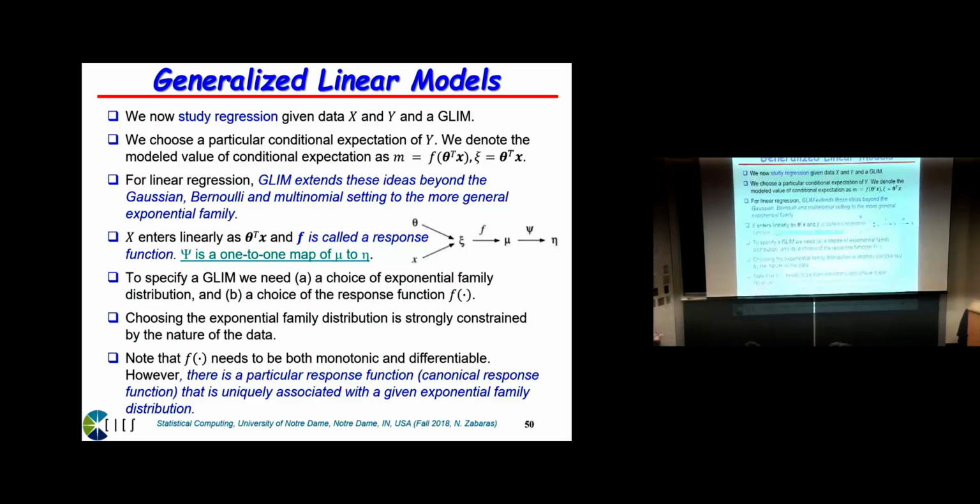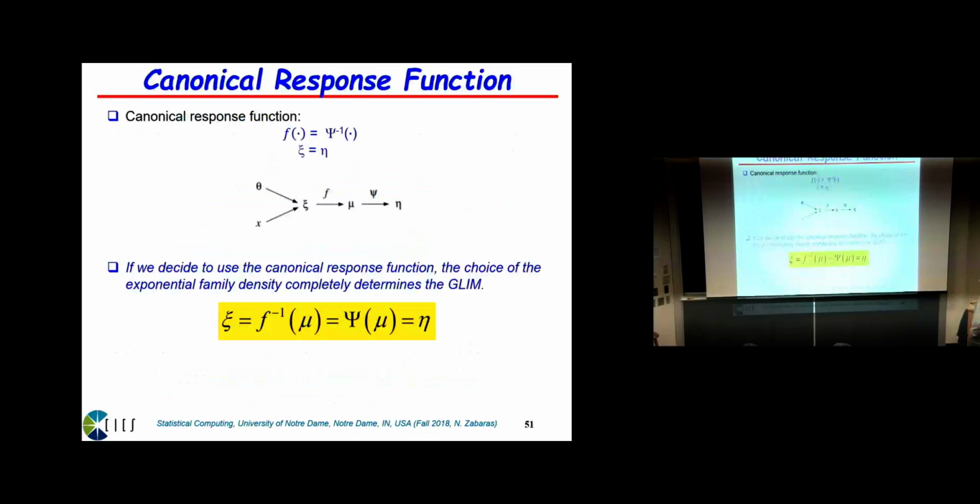So we would like to see, can we make a choice of f that somehow makes this whole regression model easy? And the answer is the canonical response choice, which looks like this. We're going to select that xi, you remember xi is theta transpose x, this is how we define regression models, we're going to make xi equal to eta.